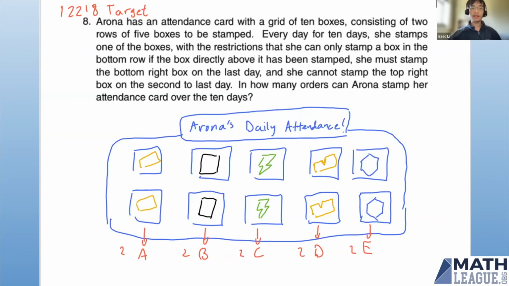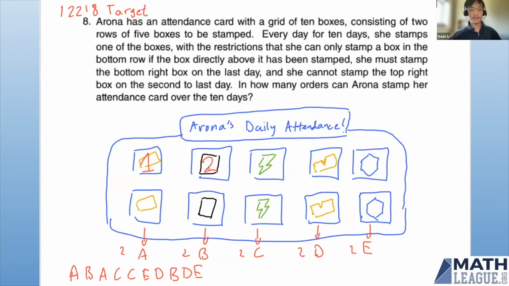And if we have some string of letters, for example, A, B, A, C, C, E, D, B, D, E, for example, then how we can read this is the first A is going to be the first stamp here. So this is going to be our first stamp. We'll just do 1 here. And then our first B is going to be the first stamp in here.